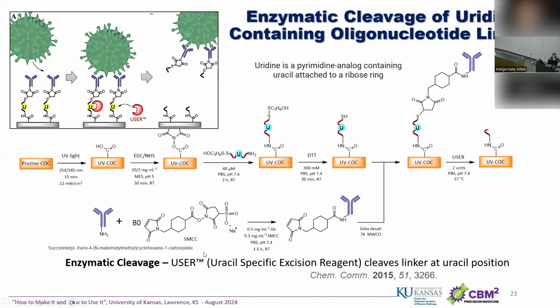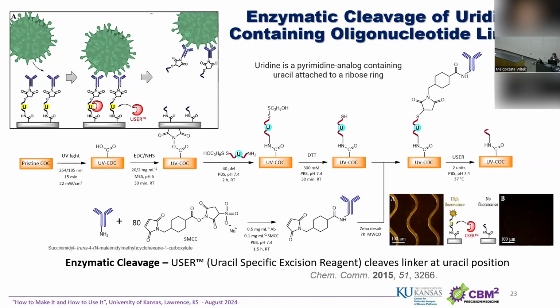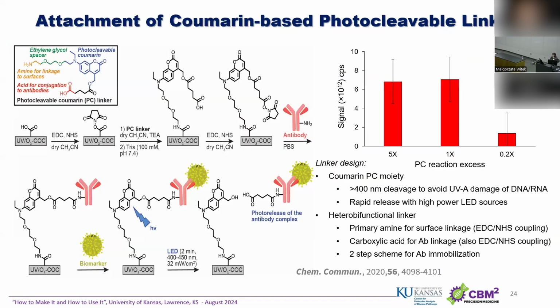In this case, this is uracil that can be enzymatically cleaved with the USER enzyme. And we published nice work on this. It's an elegant way of releasing the molecules or releasing cells from the surface for downstream analysis.